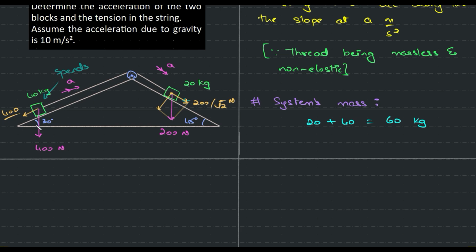So we have this is 30 degree, and we have a force like this. This is also 30. Oh no, this is the one which we are trying to figure out. So this will be 60, and this is 400.